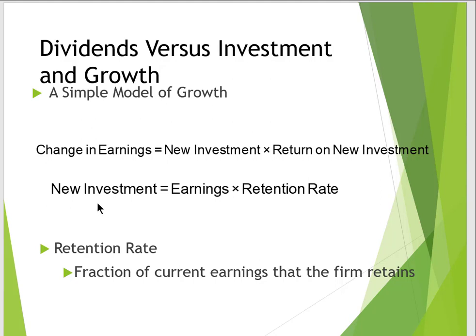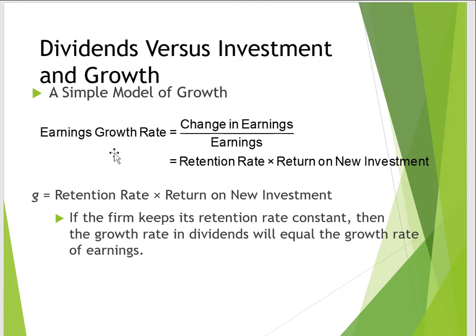So the new investment, if you solve for this, is the earnings multiplied by the retention rate. That retention rate, again, is the fraction of earnings that's actually retained. So the earnings growth rate is the change in earnings divided by earnings. And that now equals the retention rate times the return on new investment.